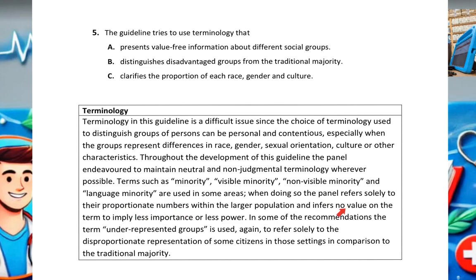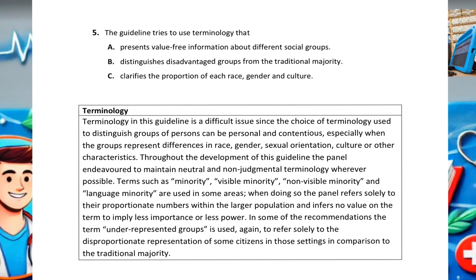And this helps not to put a value on the term, so the term does not look less important or less powerful. So they are not specific. What they mean is that they don't put a specific figure on the group, like 5 or 6 or 7 people. They only say minority. And this will help people not to judge them as important or less important as compared to the total group.